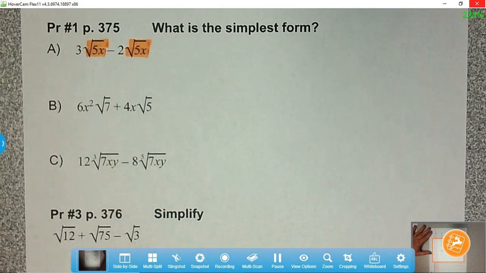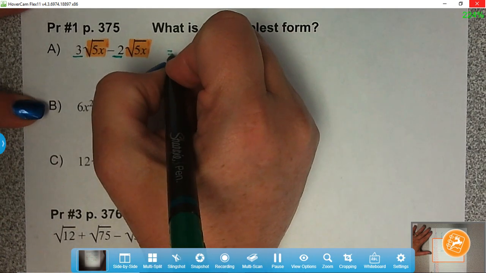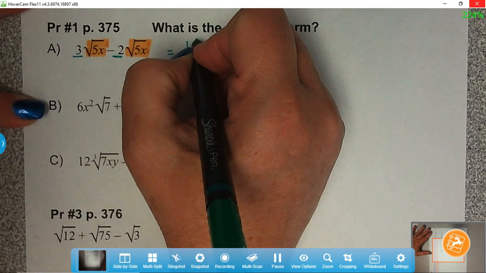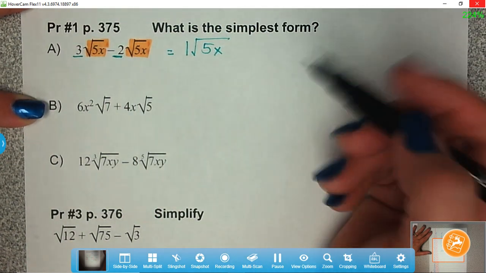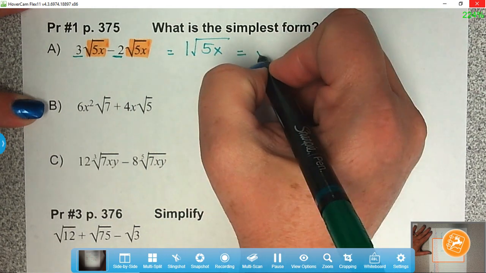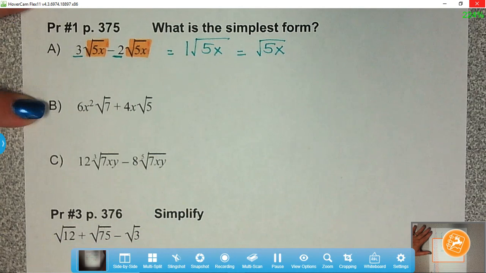For both of those, my index is 2, and the radicand is 5x. So all you're going to do is subtract your coefficients. 3 minus 2 is 1, and then keep your radical. Okay, and you can write the 1 in front, or because it's a 1, you can just write it as the square root of 5x.